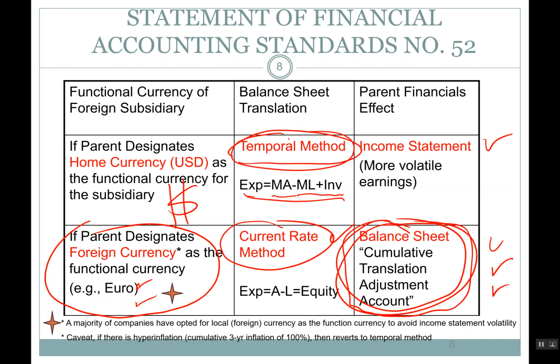That's the basic choice. And in almost every situation I've seen, the foreign currency is the functional currency. Not everyone, but a big company like Microsoft would have two different choices. Yes, each subsidiary would have to choose.